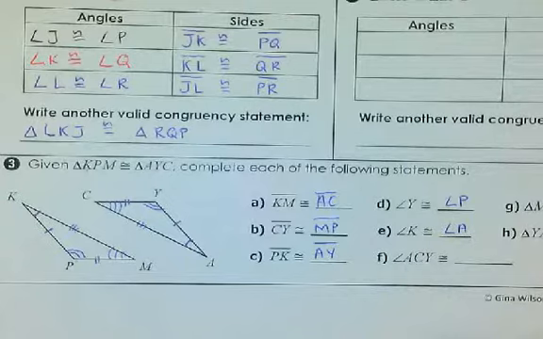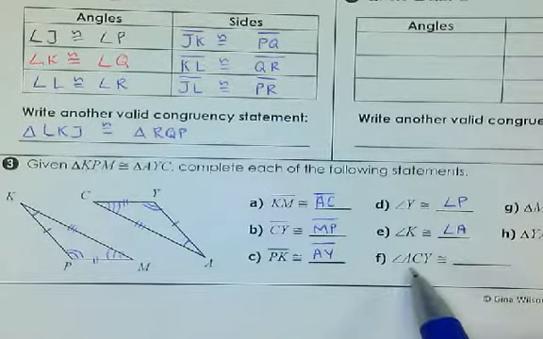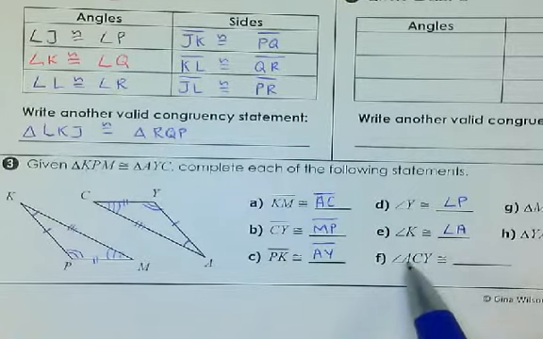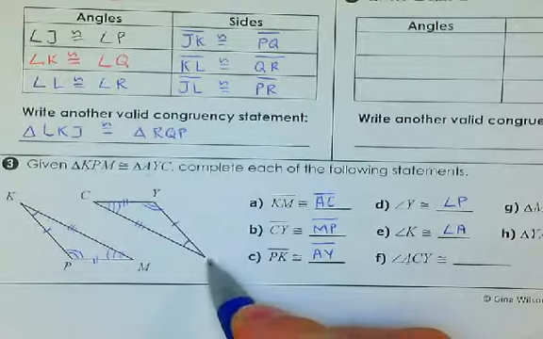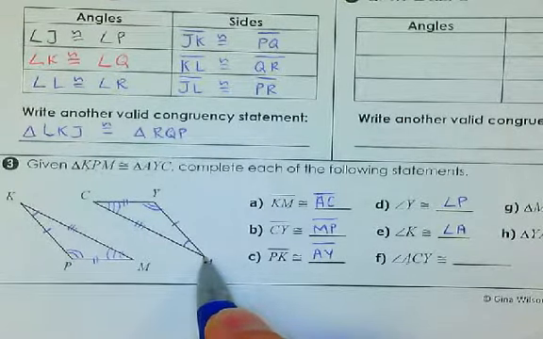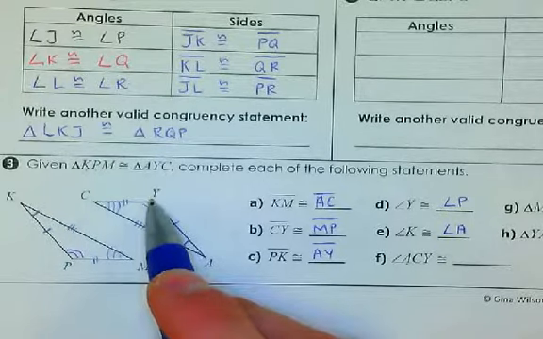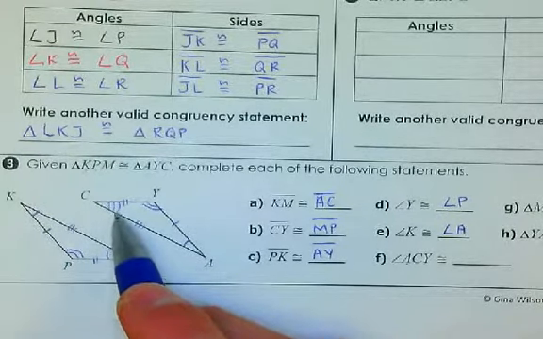Next up, angle ACY. Now remember, if you see angle and then 3 letters, you start at the first letter. So I'm going to start at angle A. The second letter is where I head to next. So I go from A to C, and from C I go to Y. Okay, so the angle that we're talking about here is ACY.